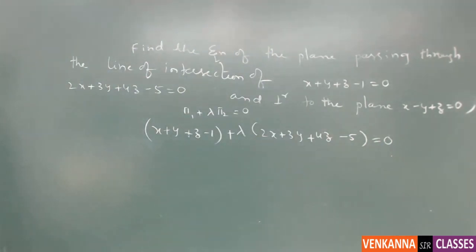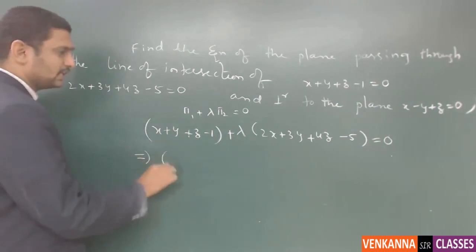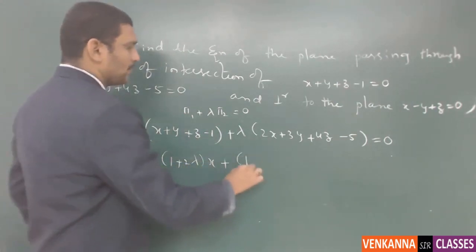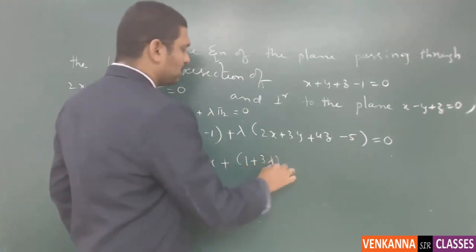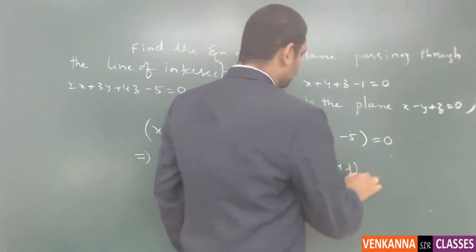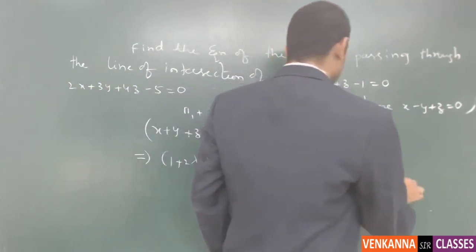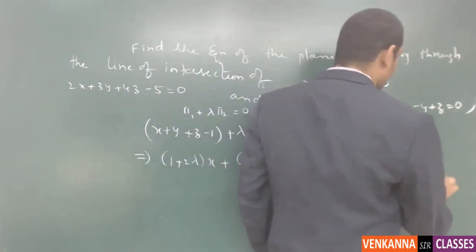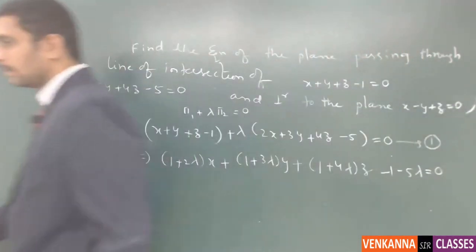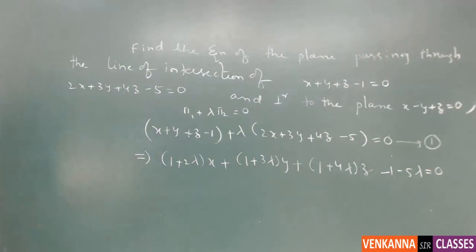Now let us take the coefficients as common, which gives that 1 plus 2 lambda into x plus 1 plus 3 lambda into y plus 1 plus 4 lambda into z minus 1 minus 5 lambda equal to 0. Right?